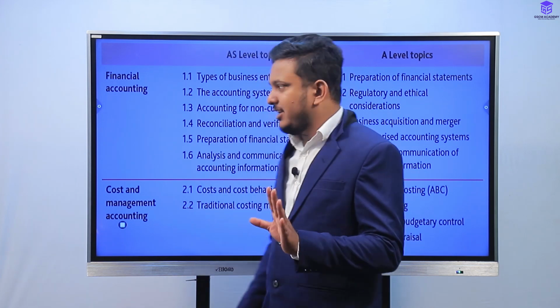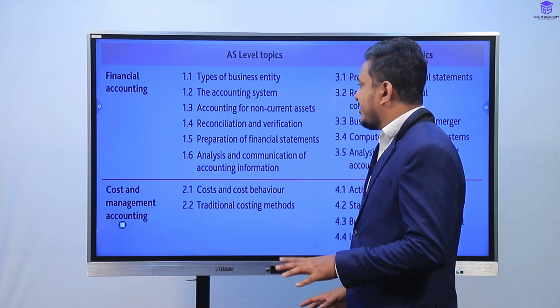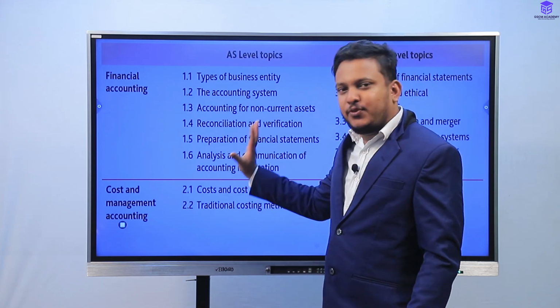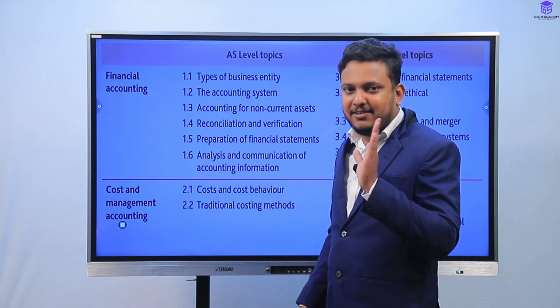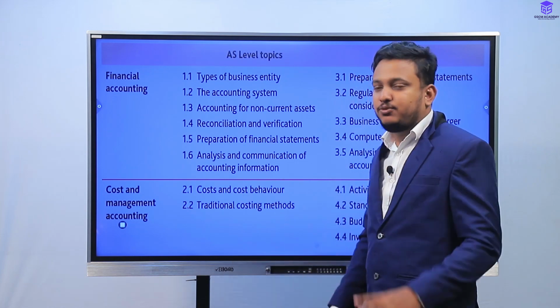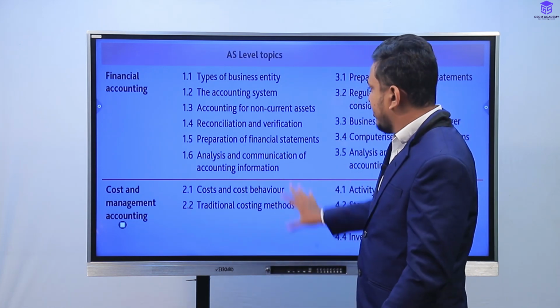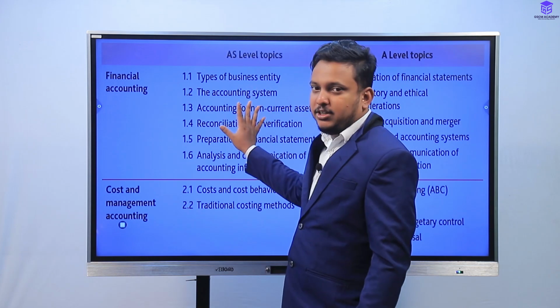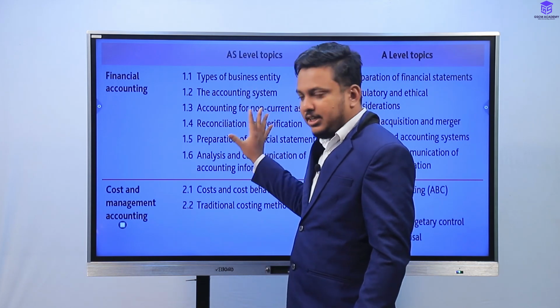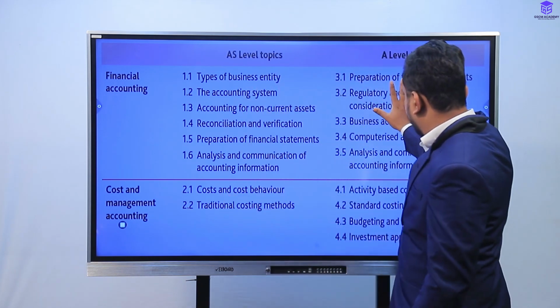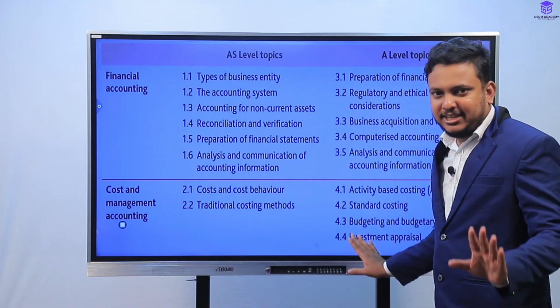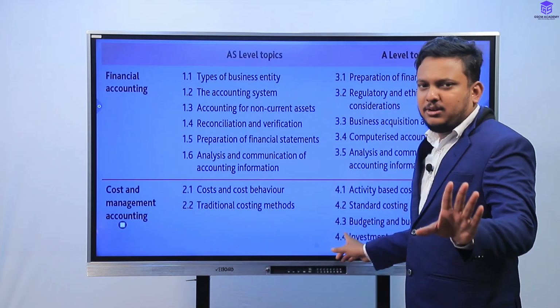So guys, you can see there are 4 sections for you to get the complete A-level qualification in accounting. What are those 4 areas? This is the first section, second section, third section, then fourth section, right? That's enough for the moment.